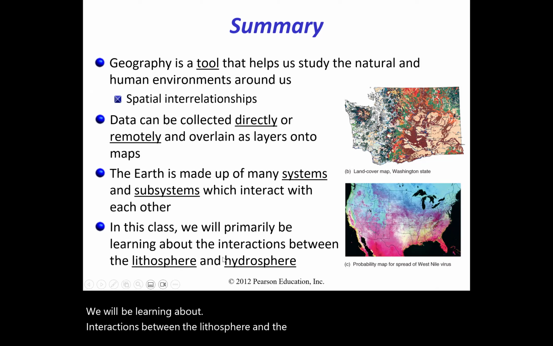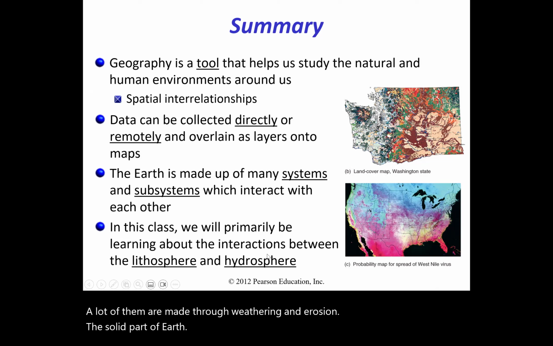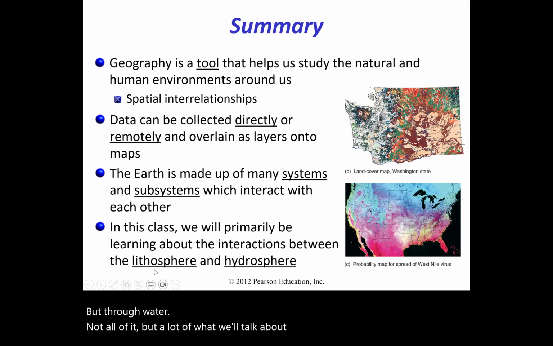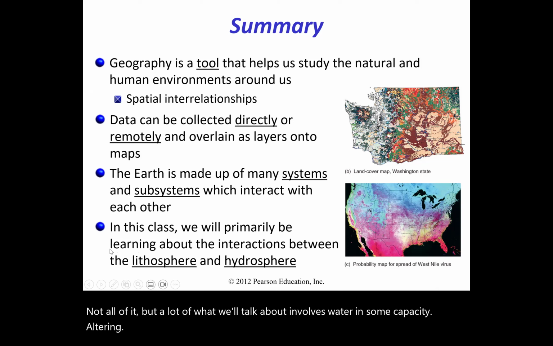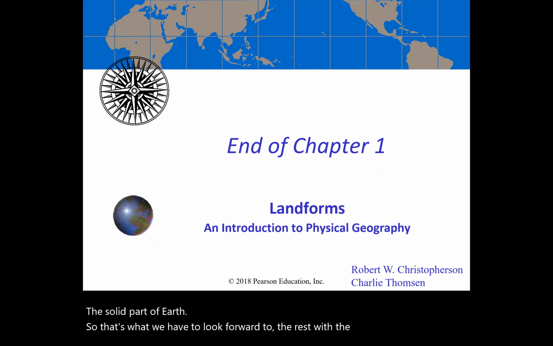Earth's landforms, a lot of them are made through weathering and erosion of the solid part of Earth, but through water. Not all of it, but a lot of what we'll talk about involves water in some capacity, altering the solid part of Earth. So that's what we have to look forward to with the rest of the class.